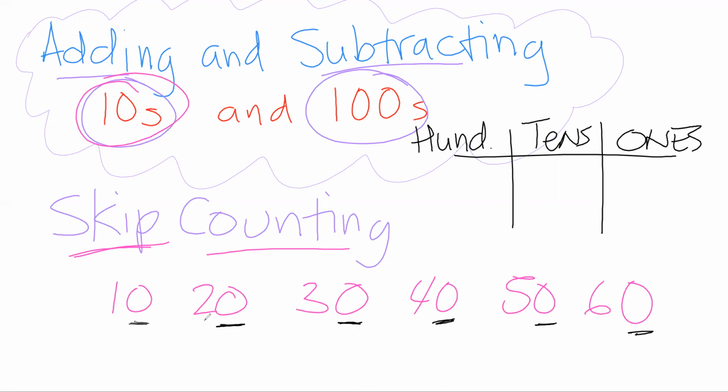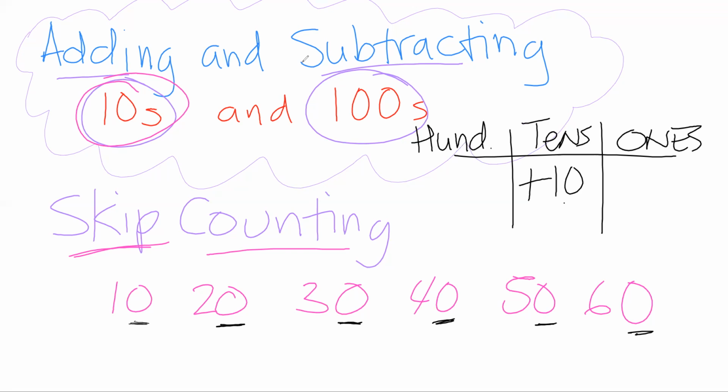So right now, if we're adding 10, we're not changing this ones place. It stays the same. And that's what's going to help us understand that if I'm adding on 10, I really only focus on the tens place in order to do that.